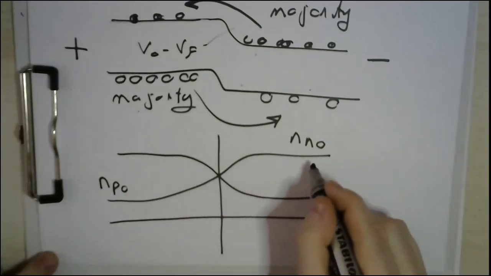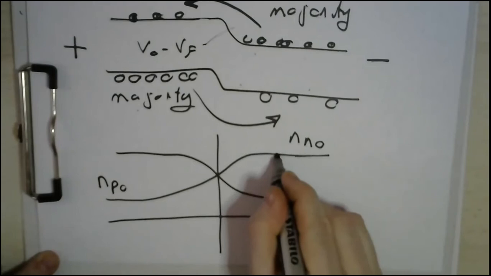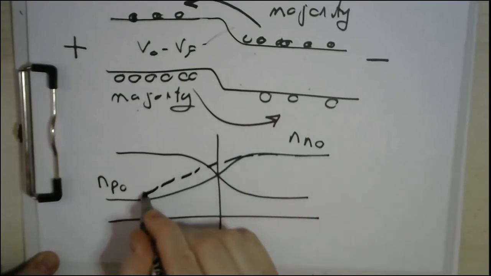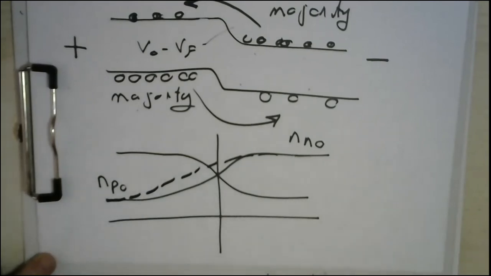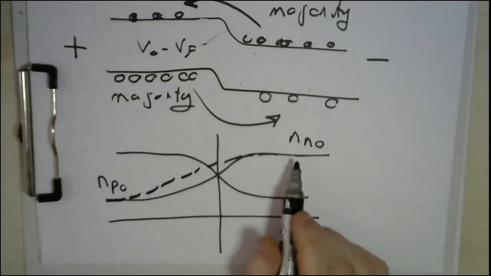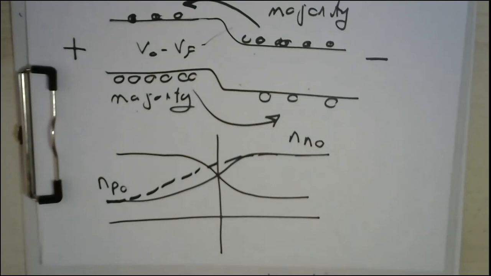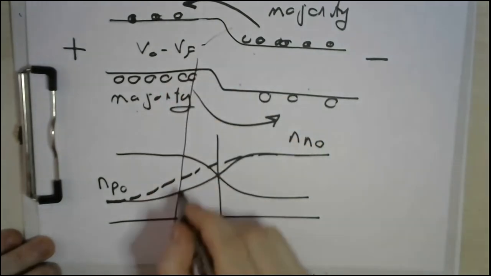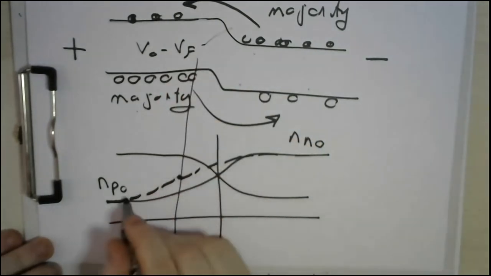So the new line will look like that. As you can see, the rich man, the majority, is not affected. However, the minority increases, as you can see in this curve.